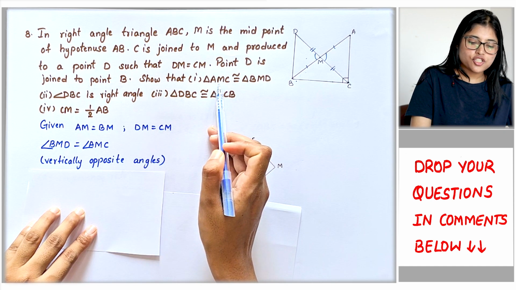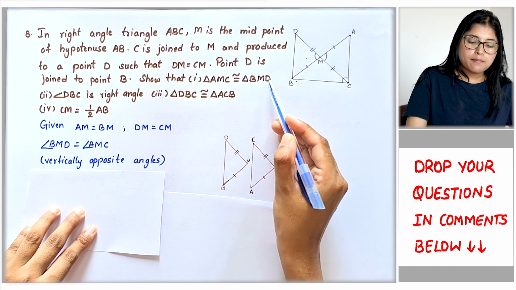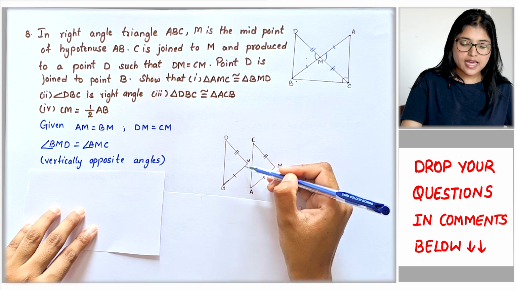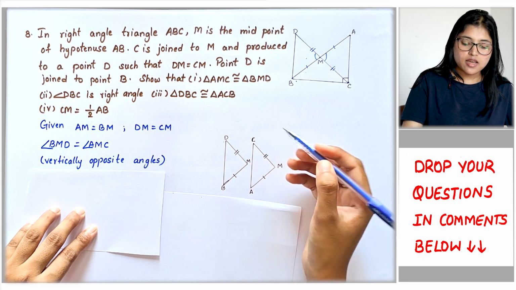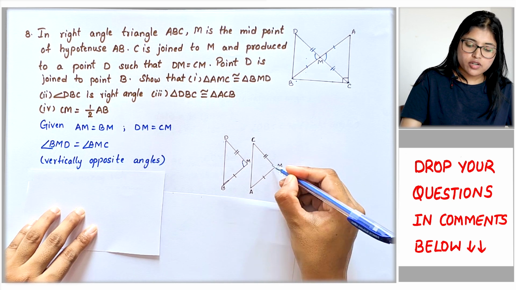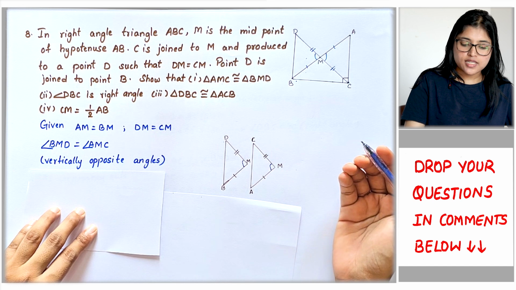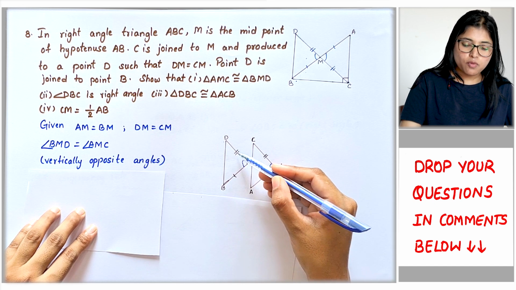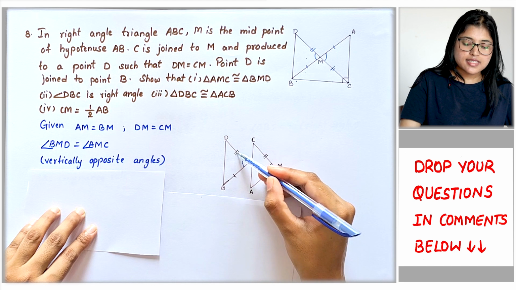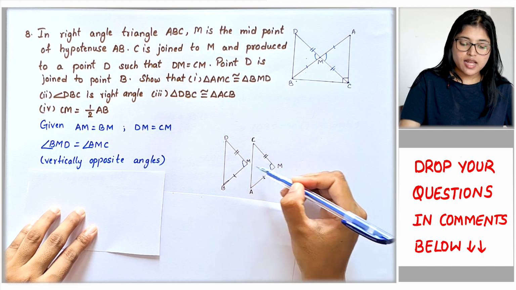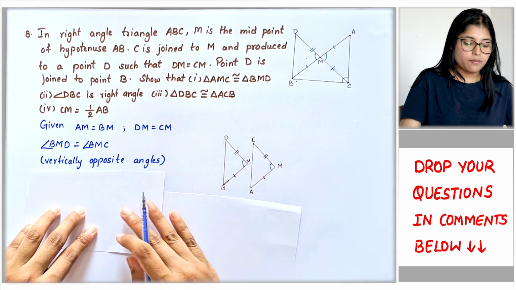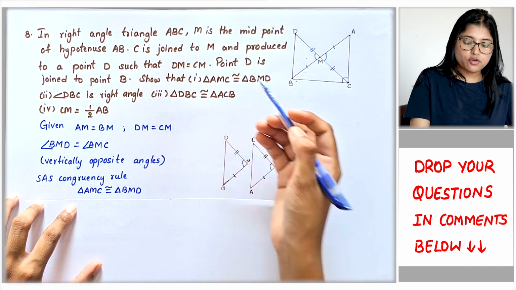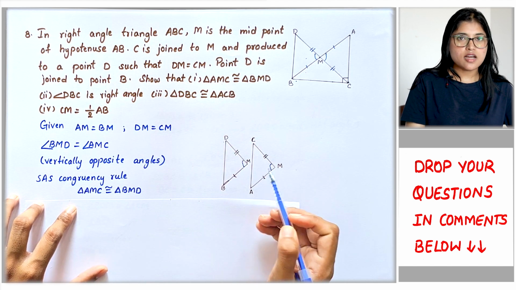Drawing these two triangles over here, BMD and AMC, I know that this side and the corresponding side are equal, and this side and the corresponding side are equal, and the included angle is equal. From SAS congruency rule, we have proved the first part of the question that these two triangles are congruent.